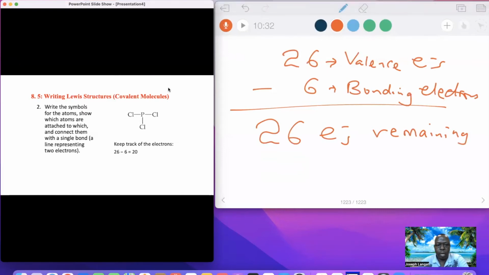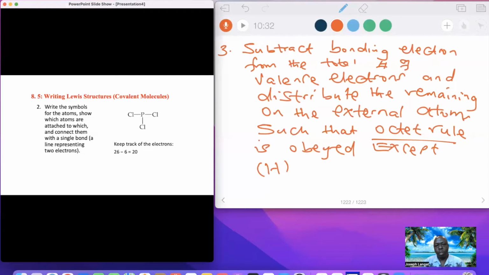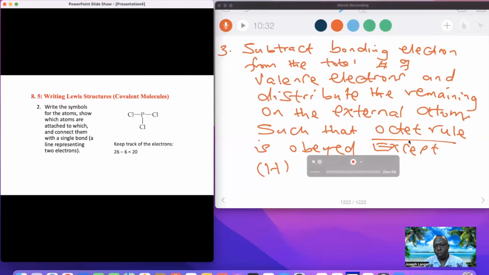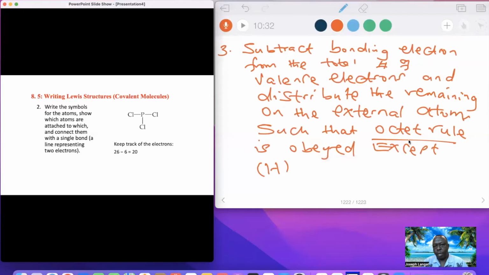The 6 here is from the bonding electrons. There's a bond here with 2 electrons, a bond here with 2 electrons, and 2 electrons more. Based on this rule, each external chlorine should end up with 8 electrons to fulfill the octet rule.